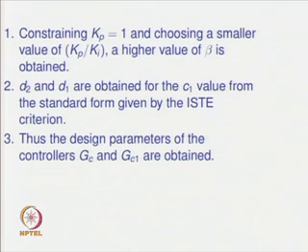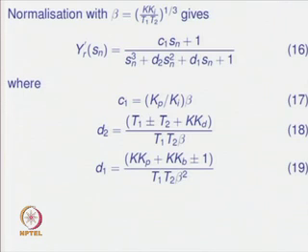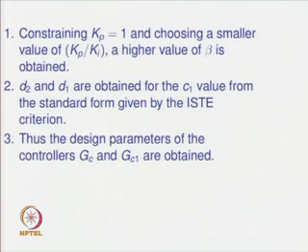Now, D2 and D1 are obtained for the C1 value from the standard form given by the ISTE criterion. So, I am not going to show you a further plot. Now, directly the D2 and D1 values for a given C1 will be used in our further analysis. Thus, the design parameters of the controllers Gc and Gc1 are obtained using, of course, 17, 18 and 19, and with the choice of a smaller Kp upon Ki.